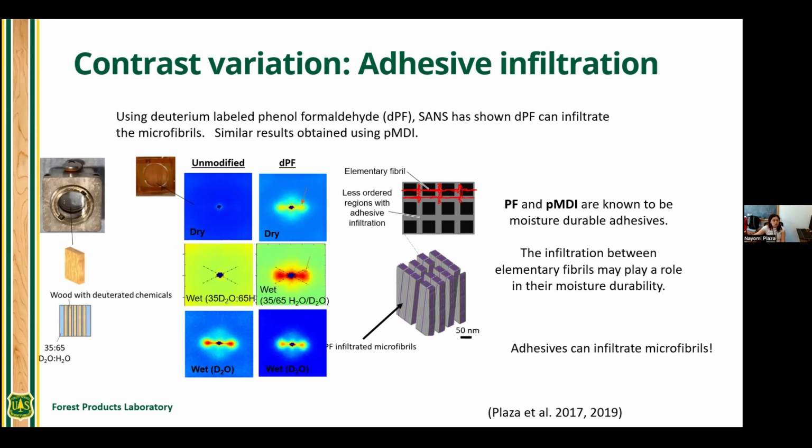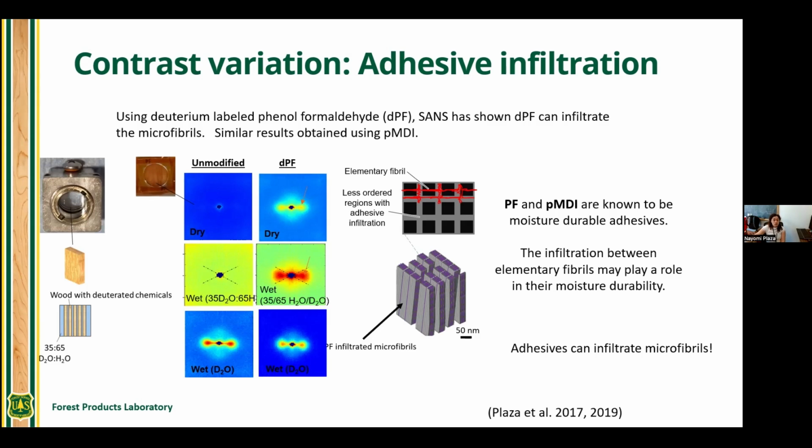So if you measure these samples in a dry condition, a dry control sample that has nothing in it will have no contrast. We just don't have a signal, but a sample that has been infiltrated with phenylformaldehyde will actually have a signal that looks very much like a D2O control sample, meaning that the phenylformaldehyde can go inside some of those regions that are typically water accessible, and it's mimicking and templating that structure.